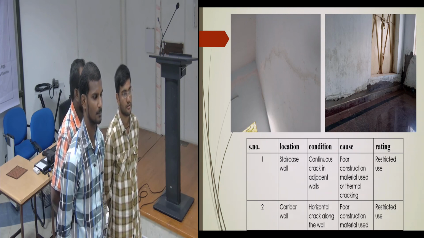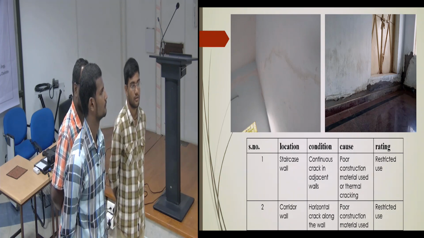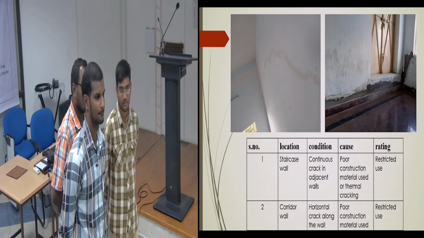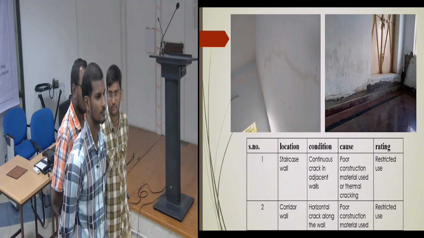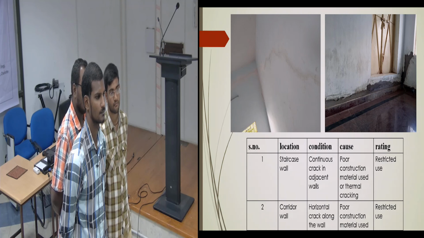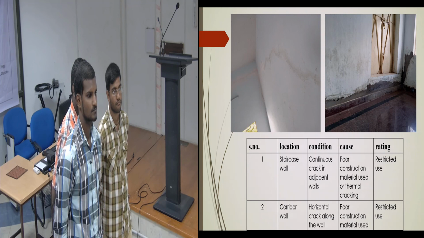Until then, it was just left. After construction, it remained. Nobody used the place. And then, in our old structural classroom only, we all took some decision and we started using.